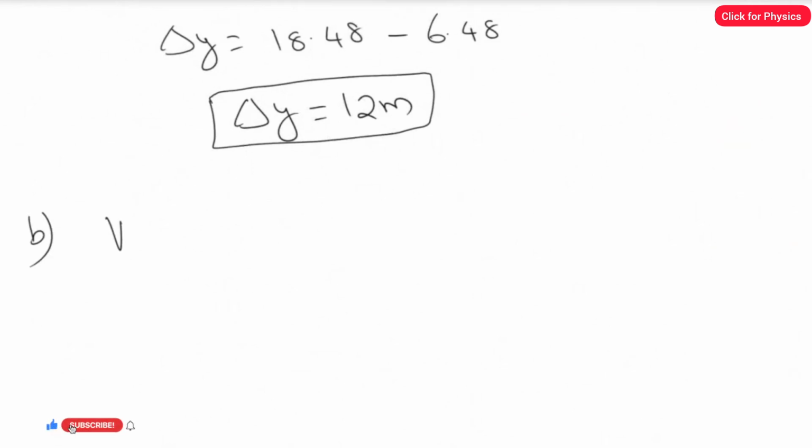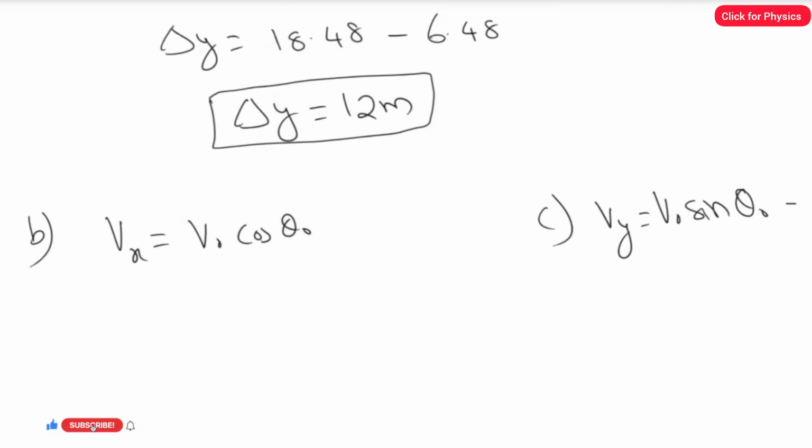For finding the velocity, the x component velocity is given by the rule v naught cosine theta naught, and the y component of the velocity is given by the rule v naught sine theta naught minus gt. This is the rule.